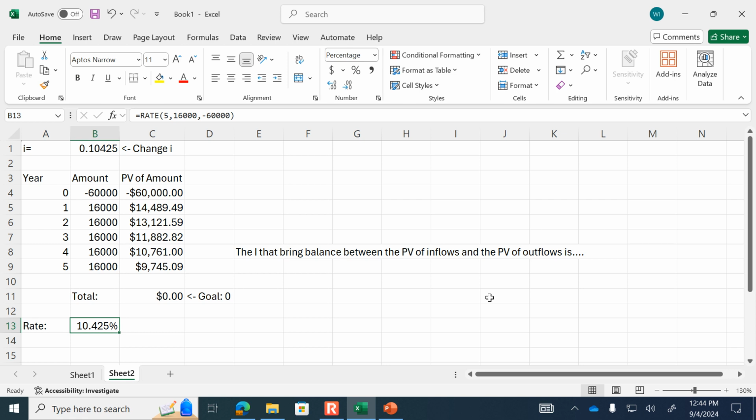So if you paid $60,000 and then you got 5 payments of 16,000, you're effectively earning a rate of return of 10.425%, assuming that you reinvest the money at the same interest rate. That's the assumption of the internal rate of return.